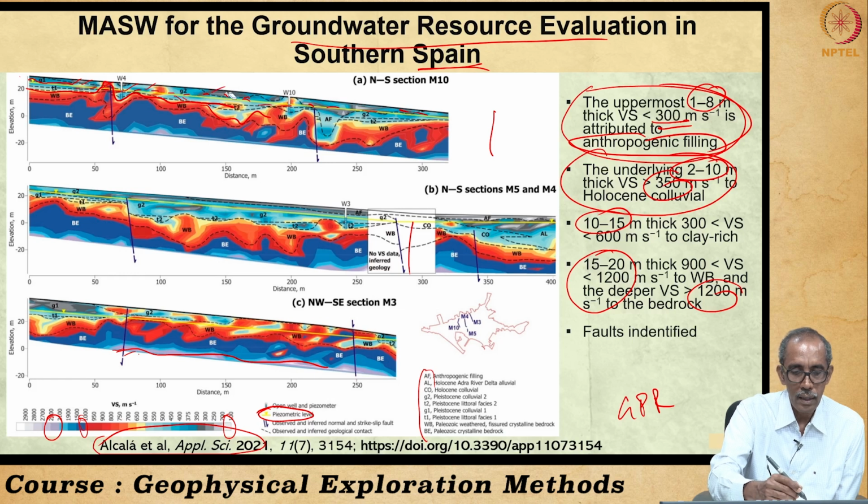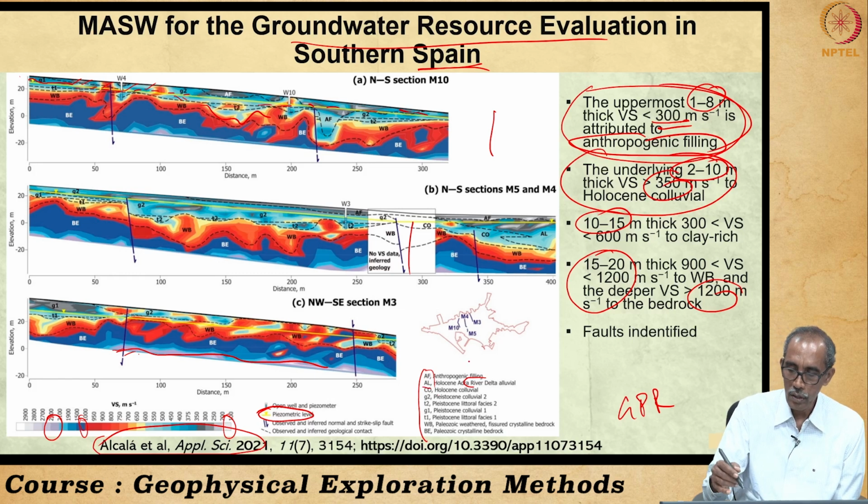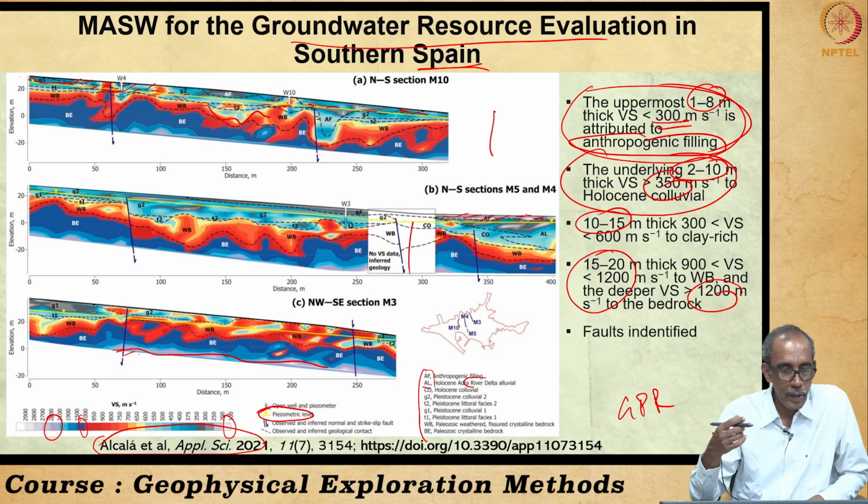So, here you can see they have written anthropogenic filling, this particular zone, a small zone, right. Then river delta could be demarcated, right? In this section they have written the different names, right? Where is the river delta, Holocene river delta, that is the alluvial formation. Alluvial formation, then we have anthropogenic filling, here too anthropogenic filling, that means subsequently people have filled.